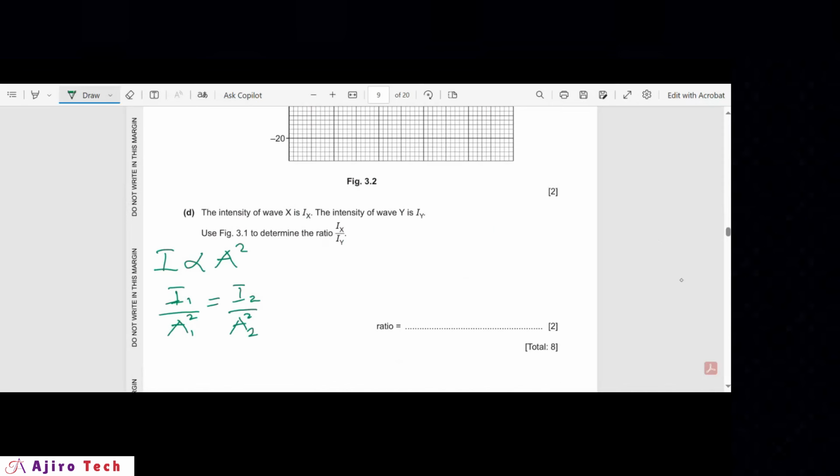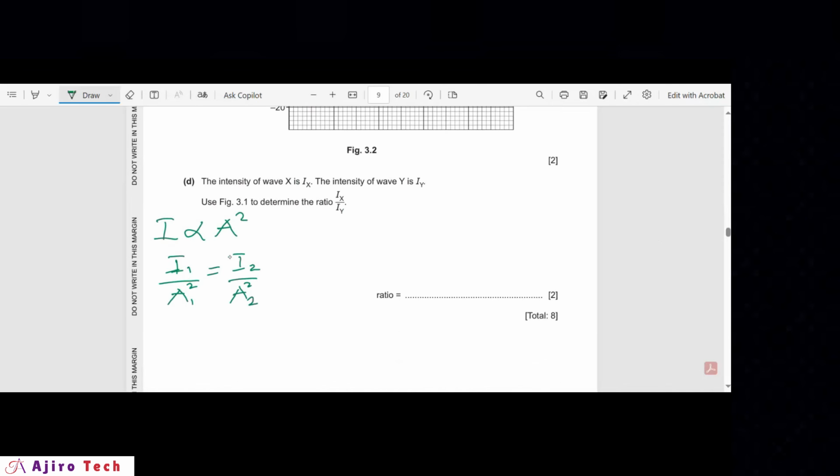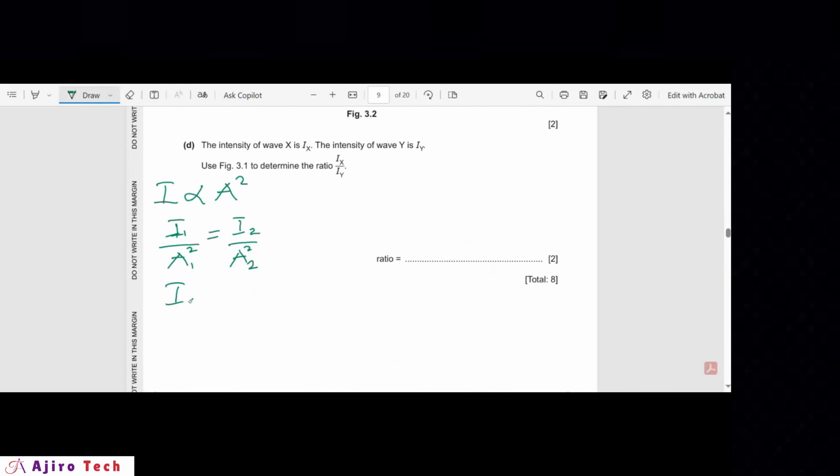I want to change it to X and Y now. Intensity of X is proportional to amplitude of X squared, intensity of Y to amplitude of Y squared.